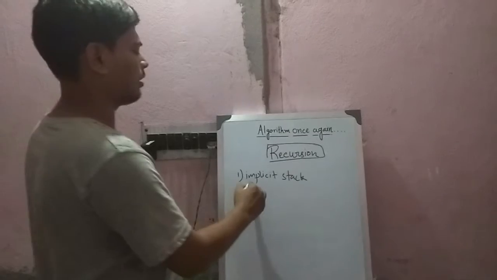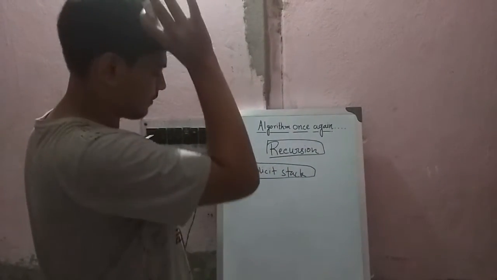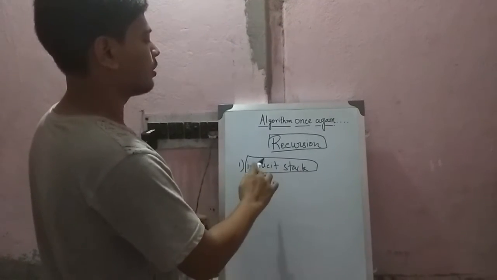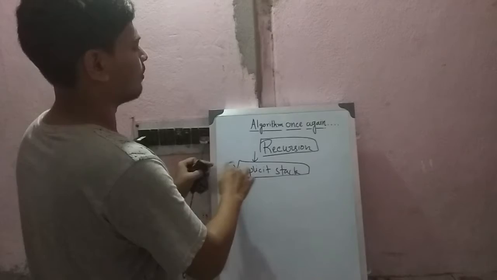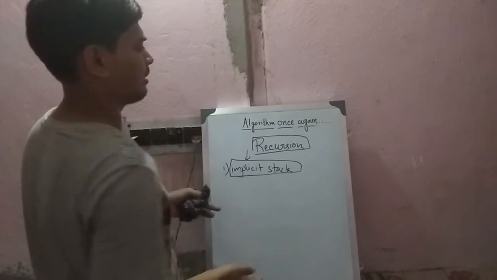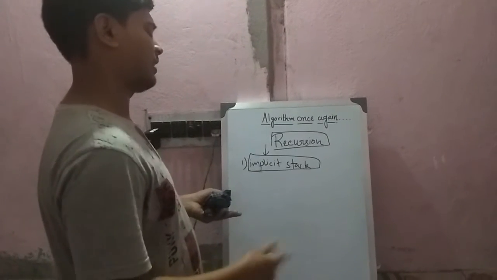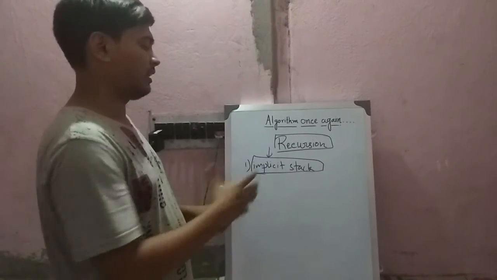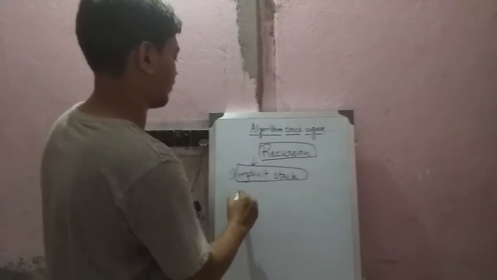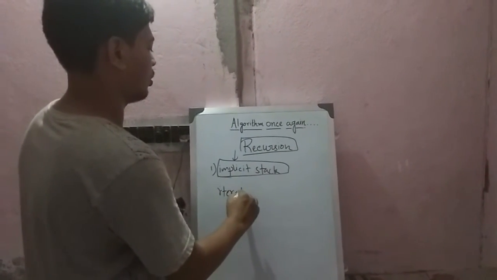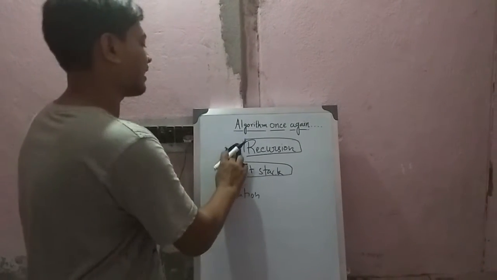I will discuss what the implicit stack is in the later part of the lecture. Recursion uses an implicit stack, so it creates many function calls in the stack and uses much more memory compared to the iteration approach. So iteration is more powerful than recursion, but there is a catch.